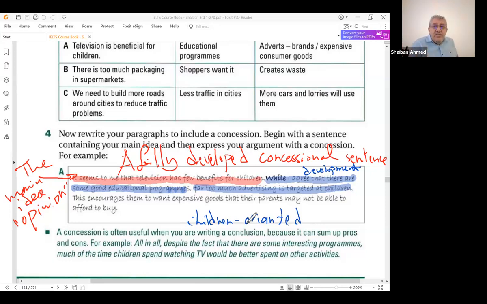What is the meaning of far too much advertising is targeted? Why is this an issue? To finish the idea, you have to develop it fully. We say this encourages them to want expensive goods that their parents may not be able to afford to buy. What do you call this? Supporting examples.